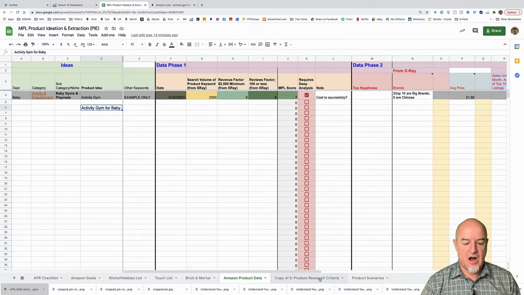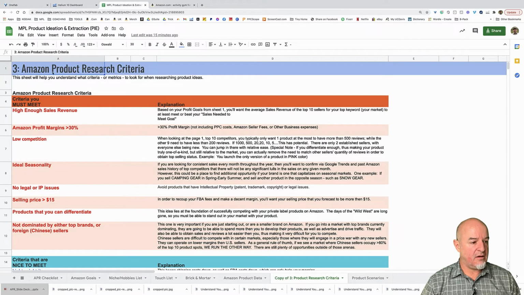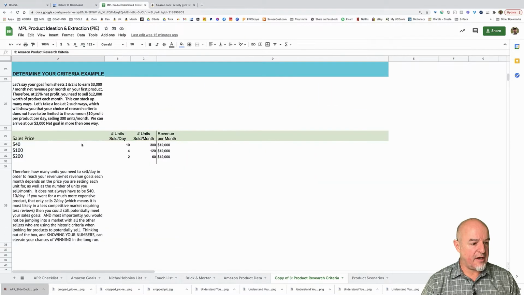I went ahead and copied sheet 3 from our Run Your Numbers workbook over, and sheet 3 was the product research criteria. We've explained these various criteria, but if you look all the way down here at the bottom where it says determine your criteria example, you can see that there's really a difference to be found in the way we search for products.